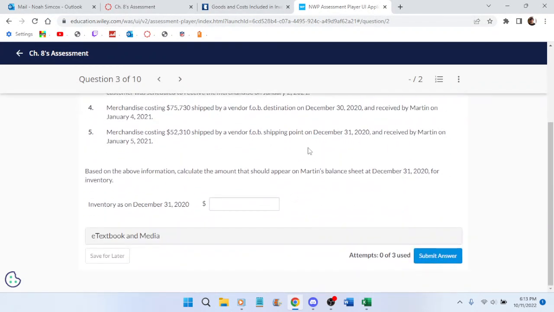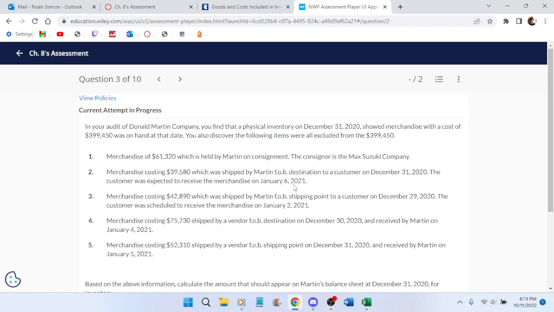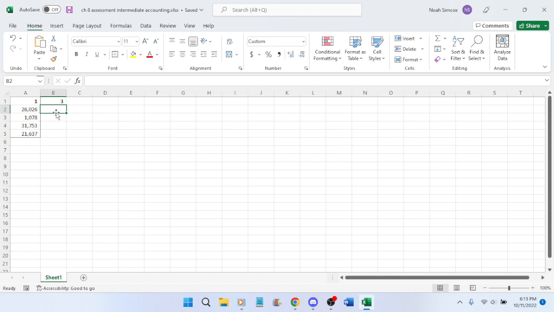So, we must calculate the amount of inventory at the end of the year. The physical inventory shows there is 399,450. So we will have 399,450, and then we will add or subtract a bunch of random crap.